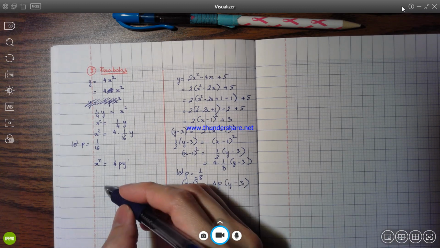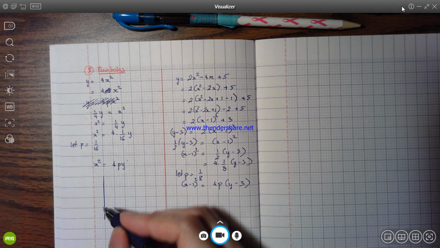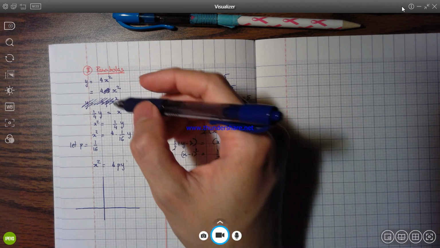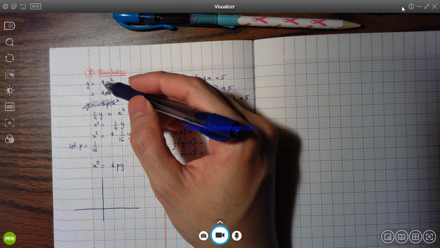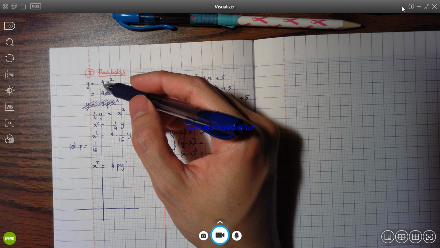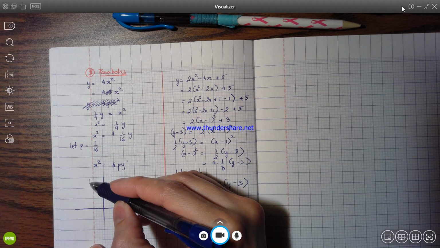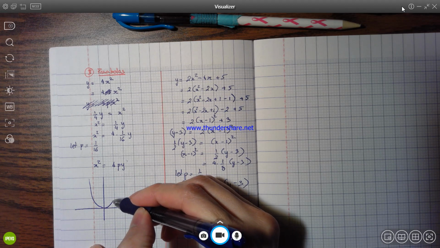Actually we just sketch it. We know that this one is opening up, right? And it goes through the origin, so it's gonna be something like this. I don't know exactly what points it's going through, so I'm just sketching.